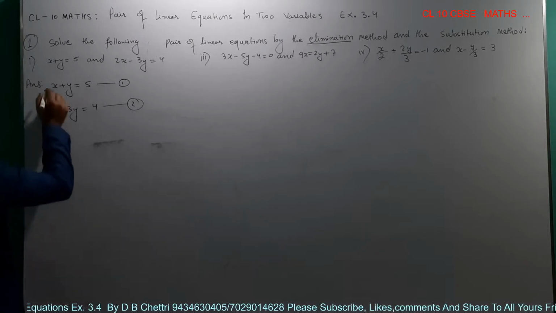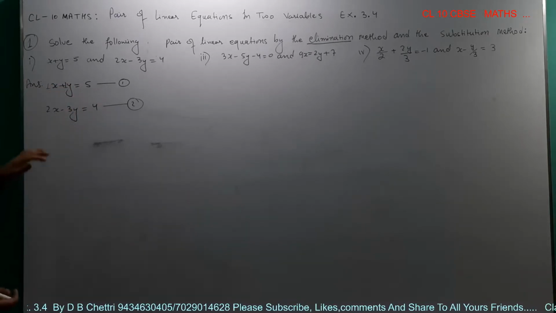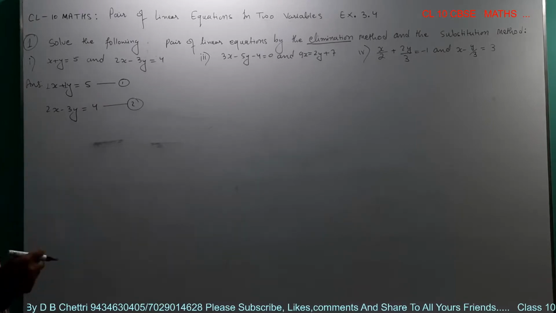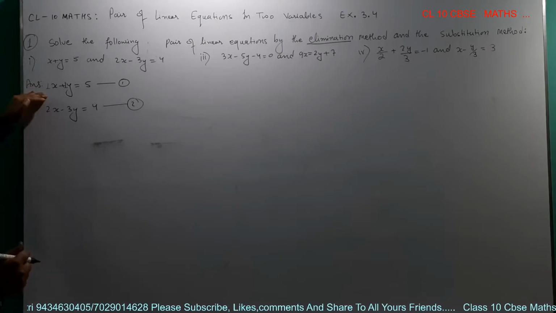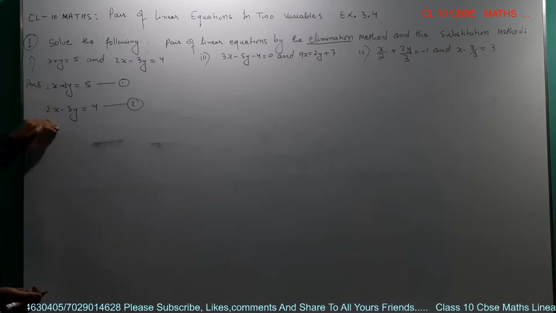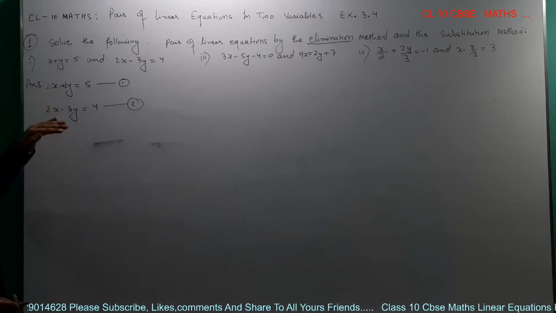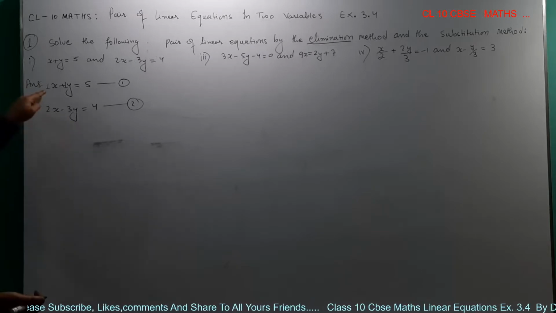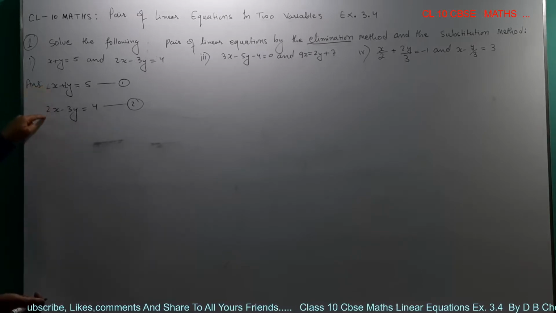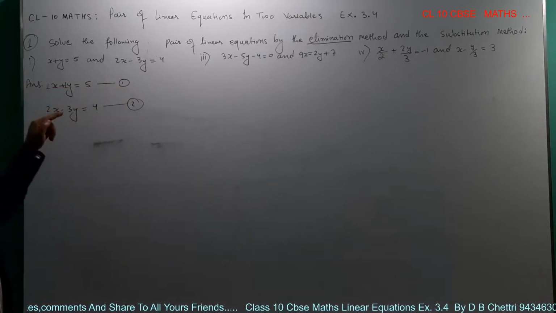The coefficient of x here is 1, and here it is 2. Just look here, try to get the basic concept. If you want to remove the x variable from these equations, make the coefficient of x the same. If their coefficients are not the same, then how to make it the same? Just take their coefficients and exchange them and multiply to the whole equations.